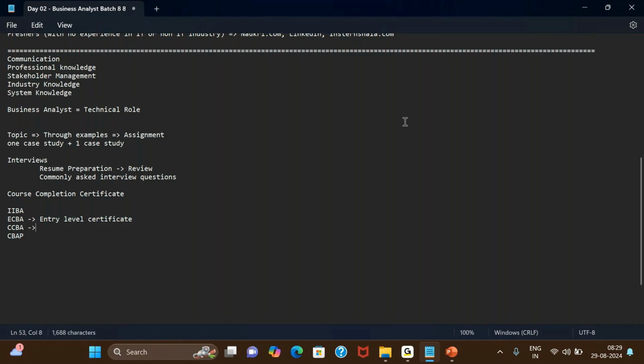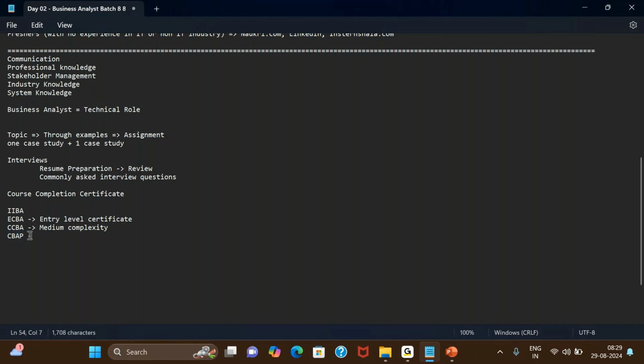Now CCBA and CBAP are more advanced level certifications. You can say that CCBA is of medium complexity, but here you need some experience plus a referral from a person who holds a CBAP certification.